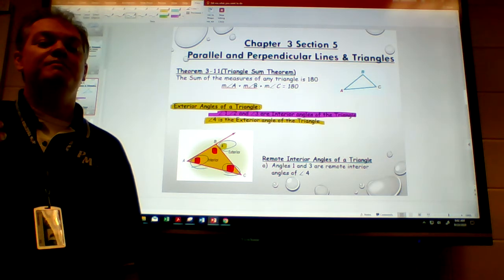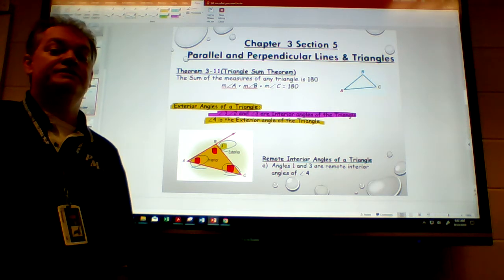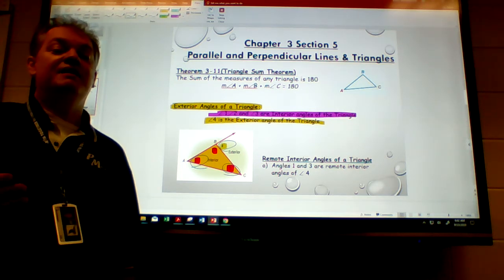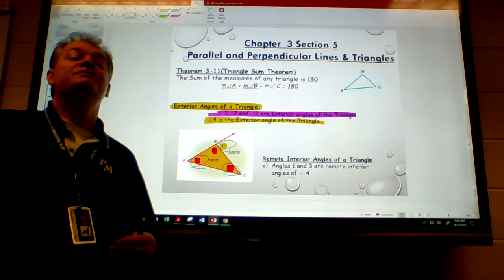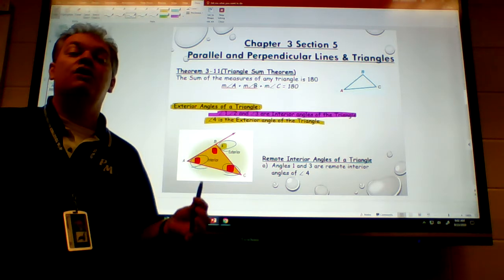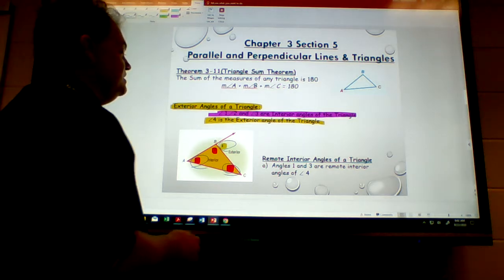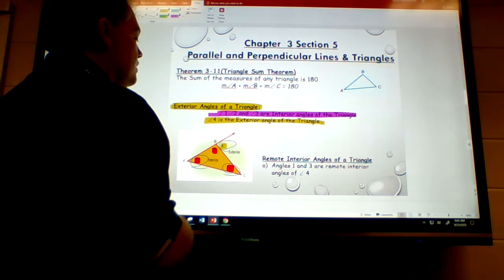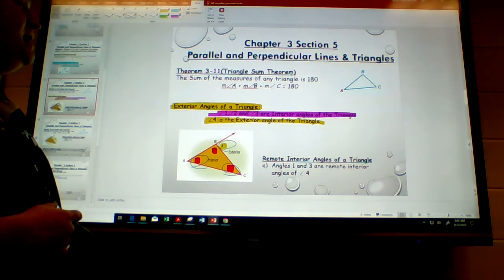You're used to a remote being like a remote control on the TV or on your stereo, something you can operate from far away. That's why it's called remote. A remote desert island or remote tropical island is an island that is far away. So remote means far away. So remote interior angles of a triangle are, in this case, 1 and 3 because they are far away from angle 4.